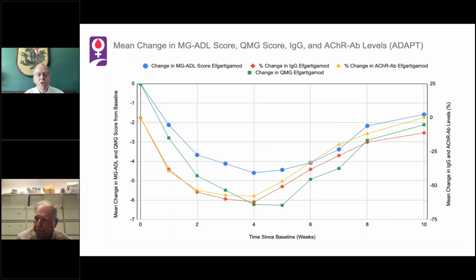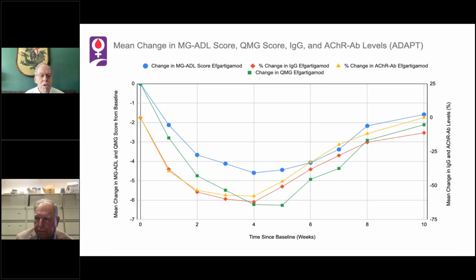This is the first of 2 slides I want to show you on myasthenia to illustrate a couple of points. If you look at the yellow and the red, red is all IgG, and yellow is the specific anti-acetylcholine receptor IgG antibody.